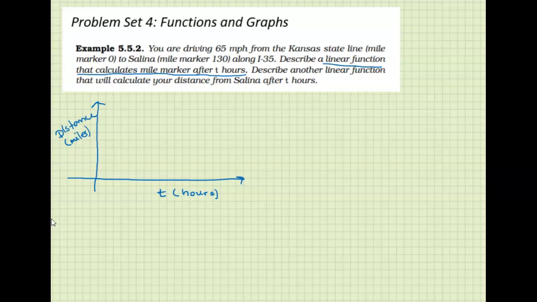Let's see, we have 1, 2, 3, 4, 5, 6, 7, 8, 9, 10, 11, 12, 13, 14, 15.